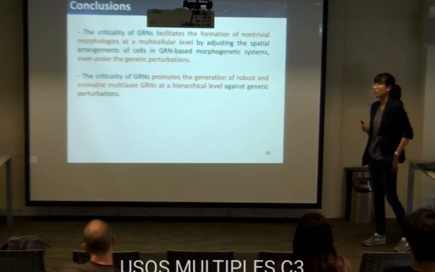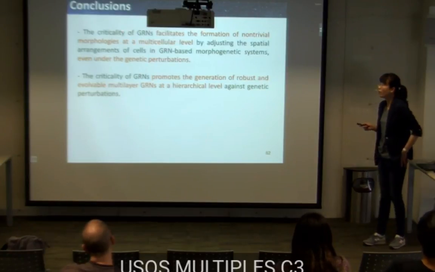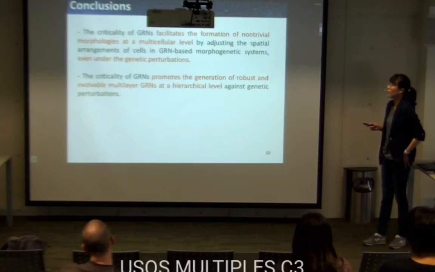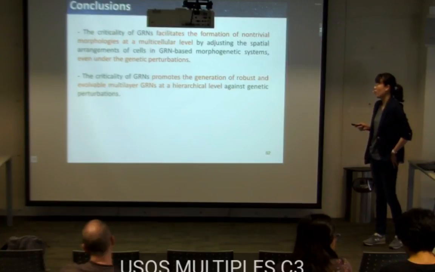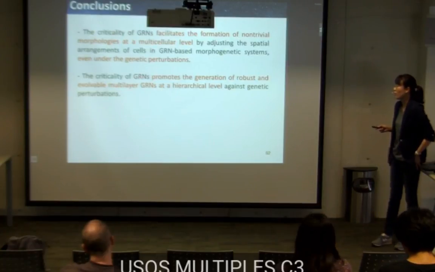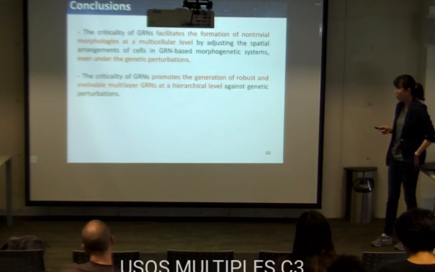Based on the three studies on the criticality of gene regulatory networks, we can conclude that the criticality of gene regulatory networks facilitates the formation of non-trivial morphologies at a multicellular level. And we can say the criticality of GRNs promotes the generation of robust and evolvable multi-layer GRNs at a hierarchical level.